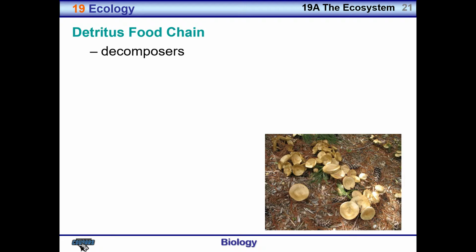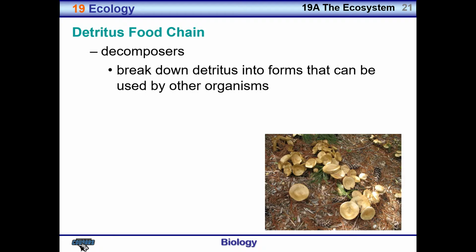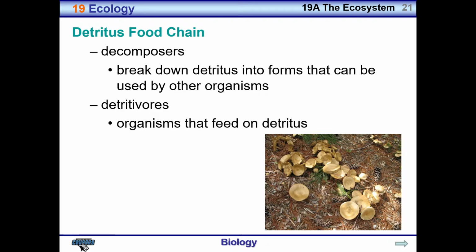Detritus, since it's dead decaying matter, we have the decomposers that will break down the plant matter or the animal matter. Mushrooms and things like that would fit into that category. And then we have the detritivores. These are the organisms that actually feed on the detritus, where they derive their own nourishment from that.